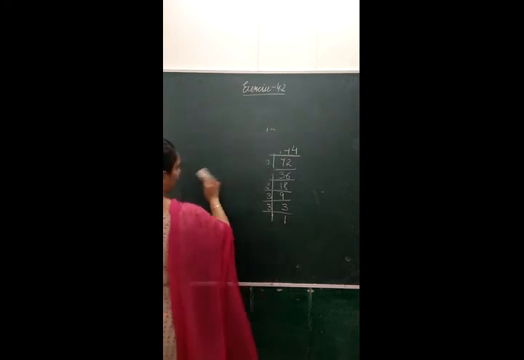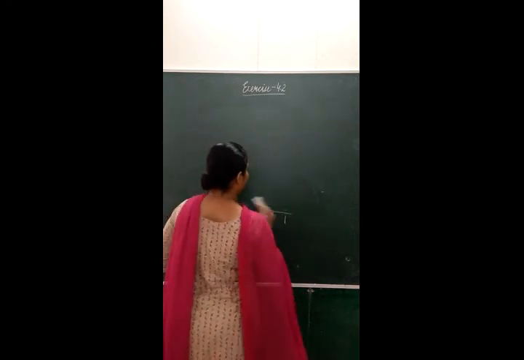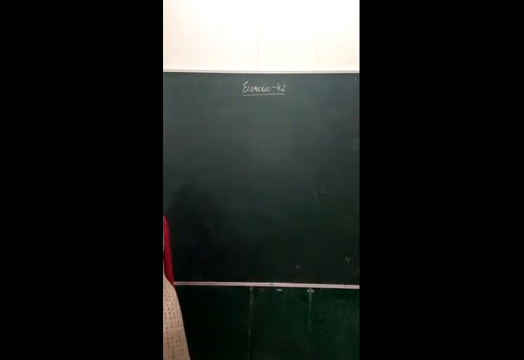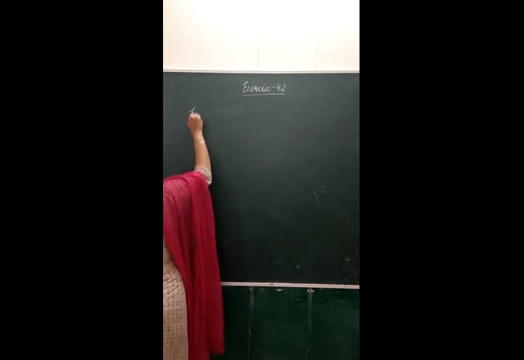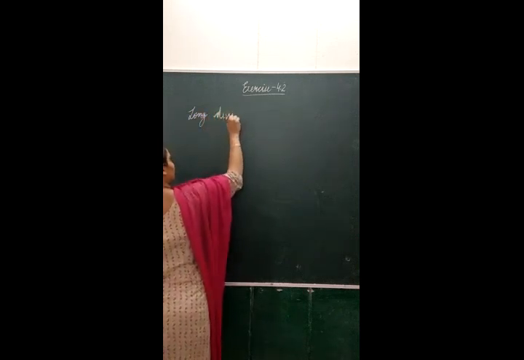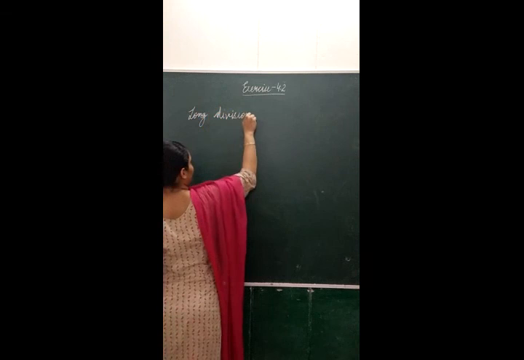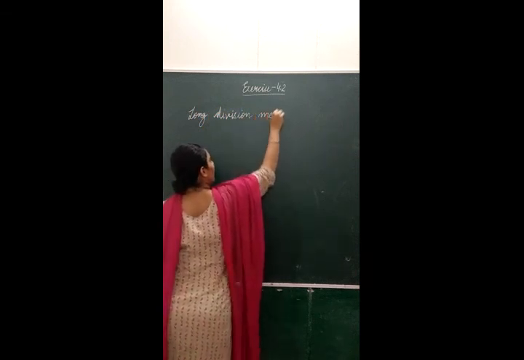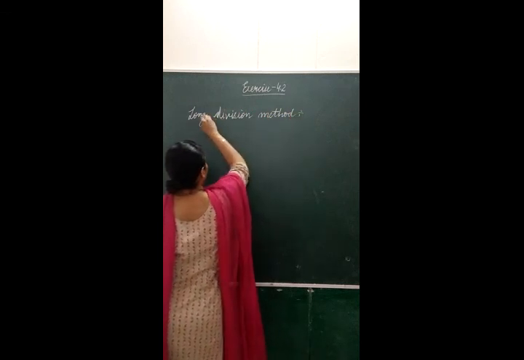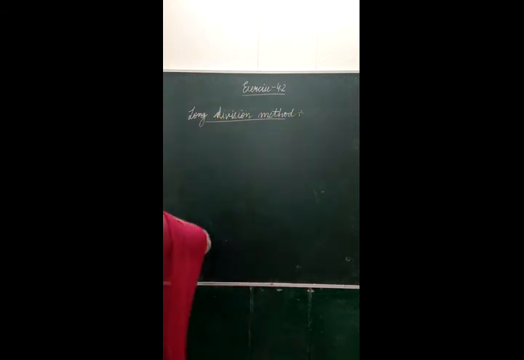But this method is a little bit lengthy. So there is one more method which is the long division method. So how do we calculate the square roots of given numbers using the long division method?